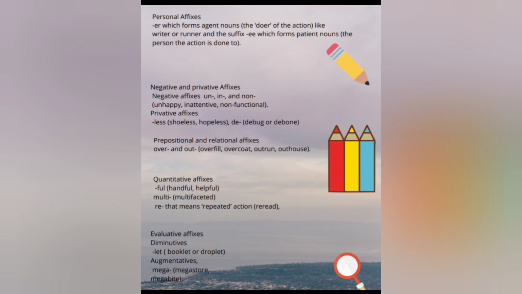Prepositional and relational can be with over and out, overfill, outrun. Quantitative can be with full, multi or re, handful, multifaceted, and reread. Re usually means repeated action. Evaluative affixes with diminutives, let, booklet. With augmentatives, mega, megastore, or megabyte.